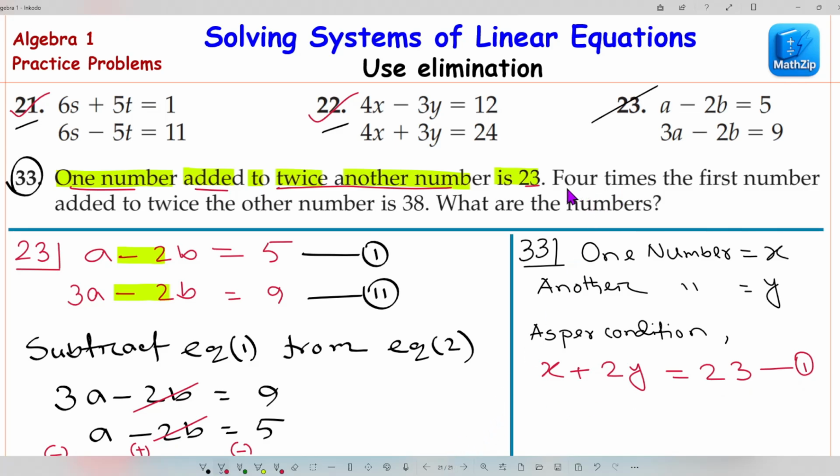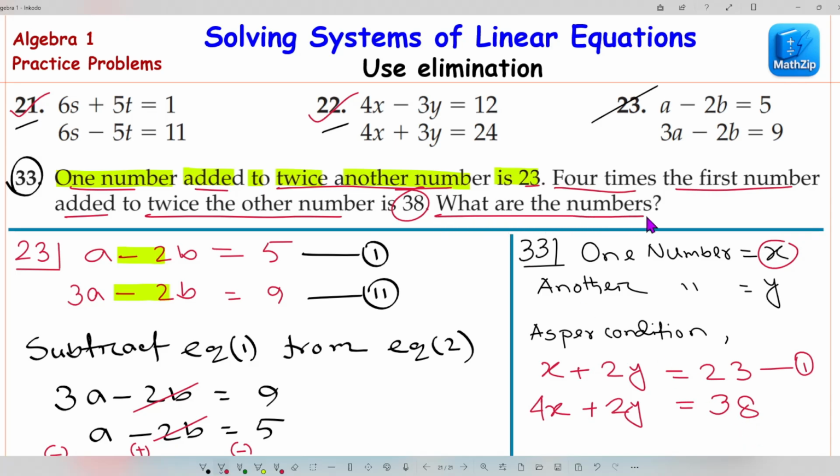Next, 4 times the first number, so first number was what? x. 4 times, it means 4x, added plus twice the other number, so 2y is 38. So here is 38.